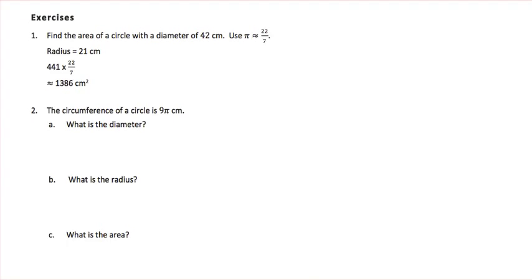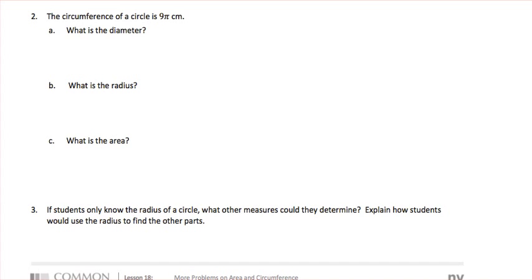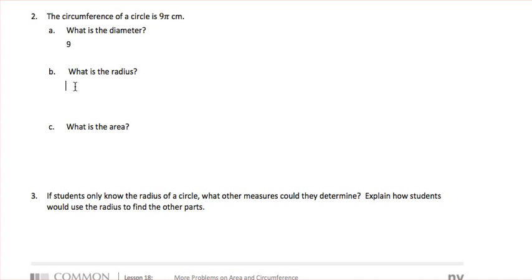In number 2, they tell us that the circumference of a circle is 9 pi centimeters. So if the circumference of a circle is 9 pi, then the diameter, remember it's diameter times pi, our diameter then is 9, which means that our radius will be half of that, which is 4.5.